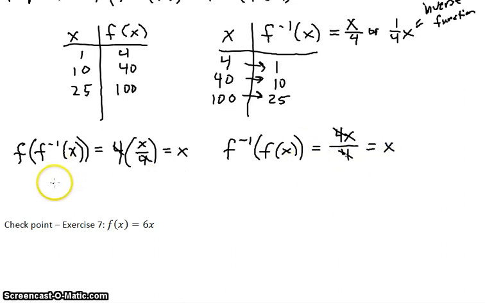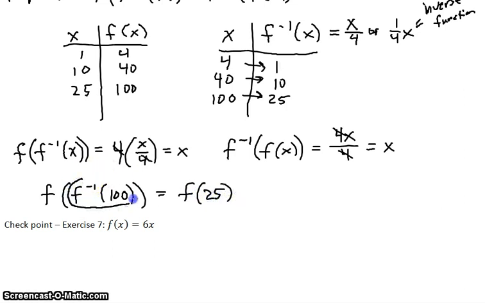So what does this mean in terms of a number? Well, if I take any number, let's just say the 100, for an example. The inverse function said to divide by 4. So if I divide this by 4, I get 25.